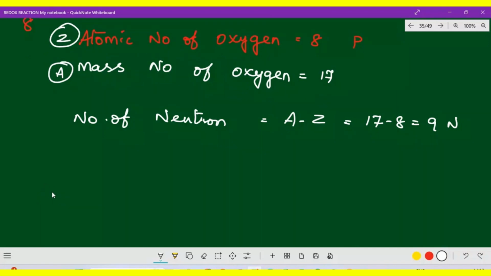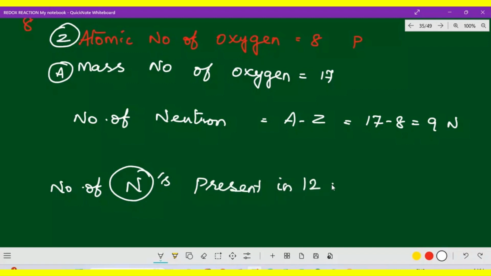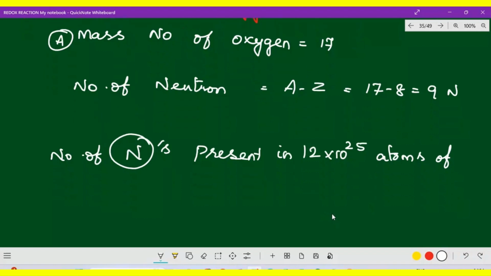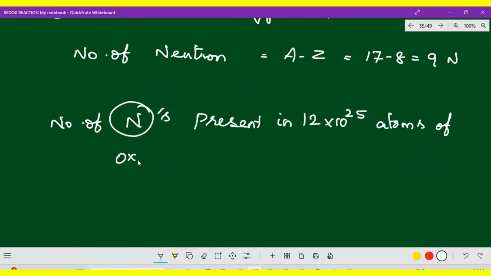So the number of neutrons present in, this is not nitrogen, this is neutrons. The number of neutrons present in 12 into 10 to the power of 25 atoms of oxygen 8, oxygen 17, right?